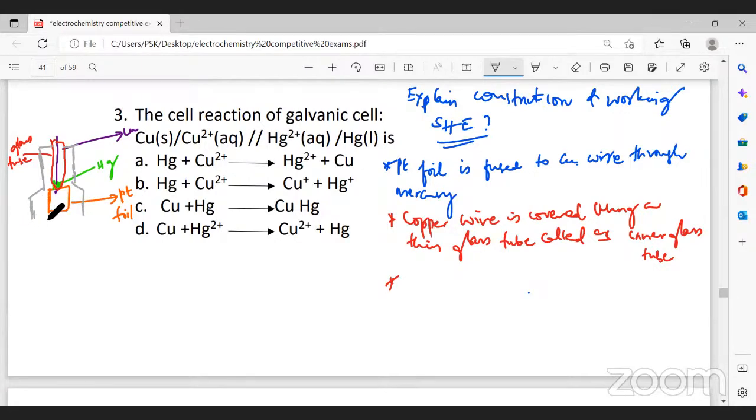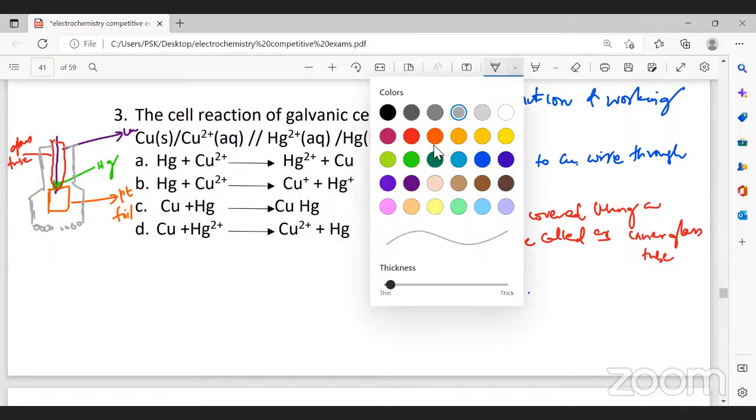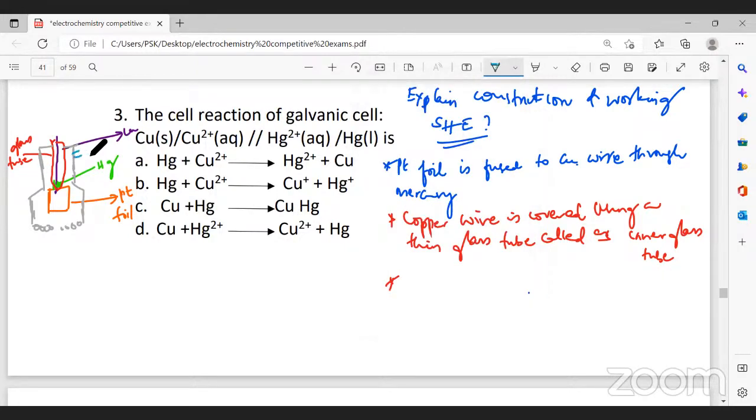And this glass jacket has minute pores at the bottom. Not only that, this glass jacket also has a provision to pass hydrogen gas. A provision to pass what gas? Hydrogen gas.